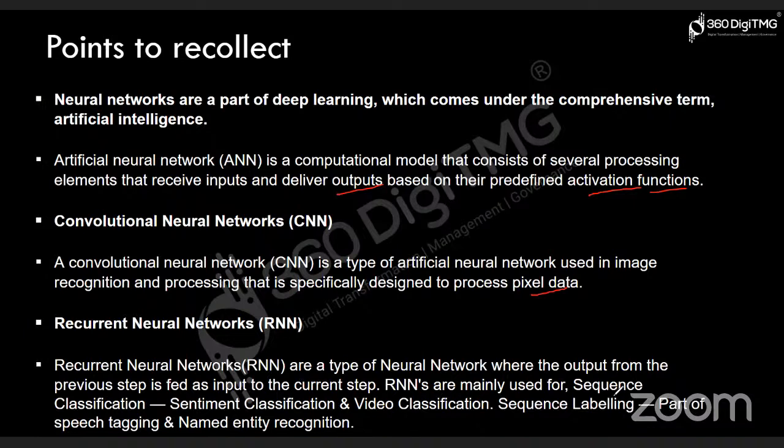They can be used for sequence classification, sentiment classification, video classification, sequence labeling, part of speech tagging, named entity recognition. Also, they can be used in time series, LSTM model. There are multiple uses of RNN.